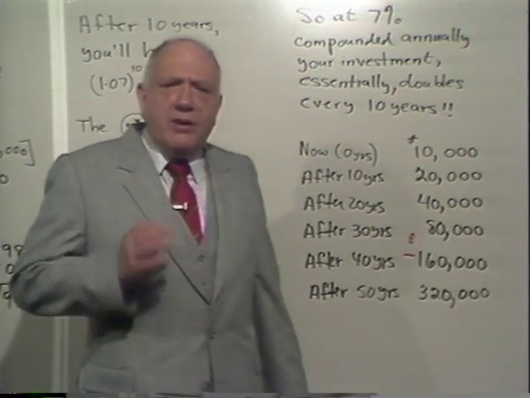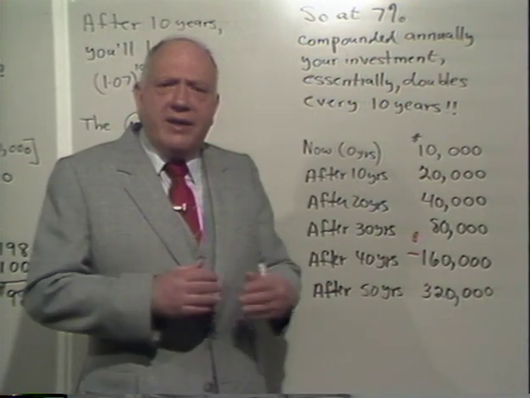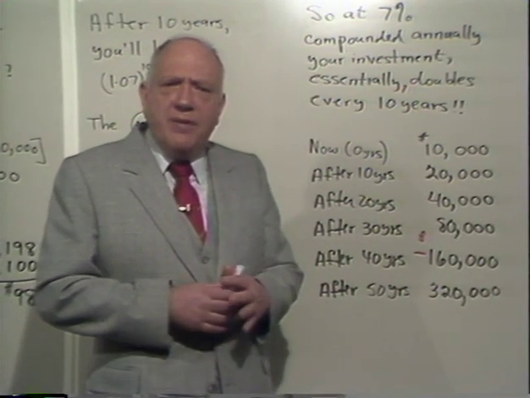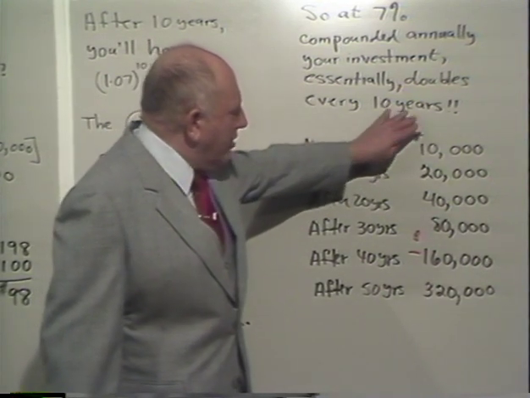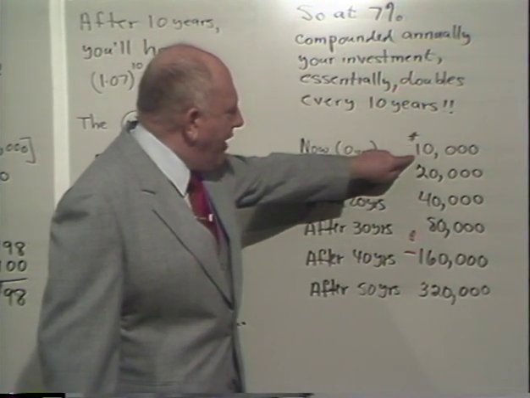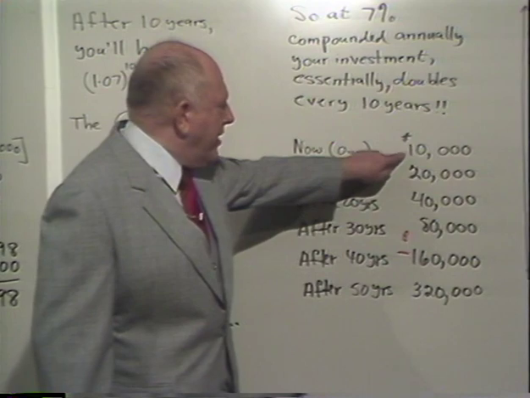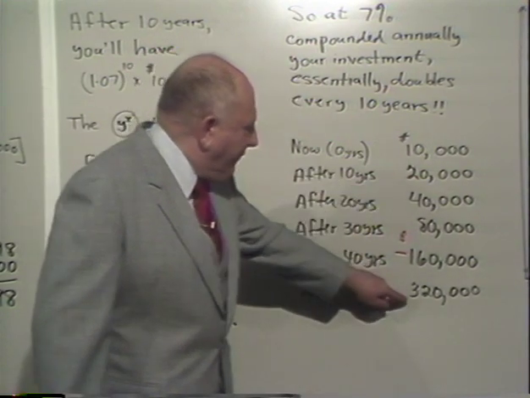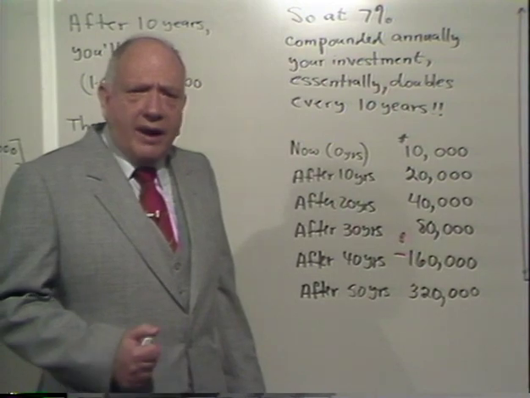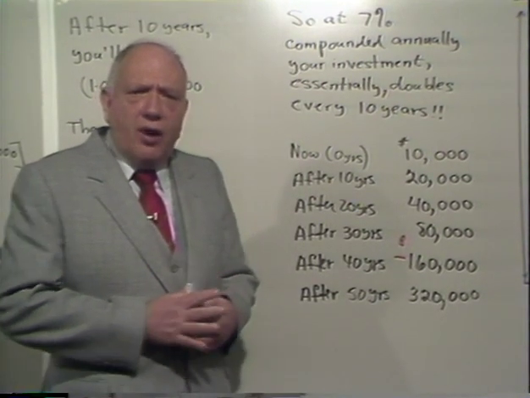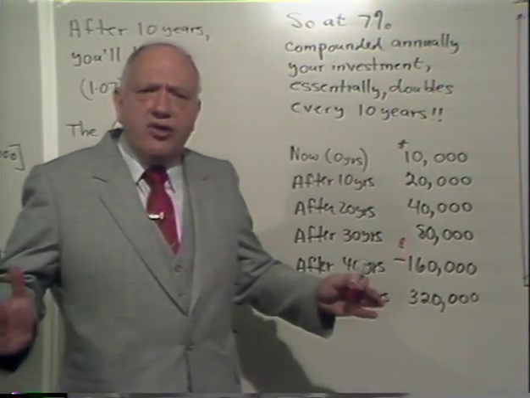By the way, germ cultures work the same way. If bacteria double every 10 minutes, you see what this says? Replace years by minutes and call this bacteria count. If you had 10,000 bacteria and they're doubling every 10 minutes, after 50 minutes, you have 320,000 bacteria. Same with population growth. Try to trace your ancestry.